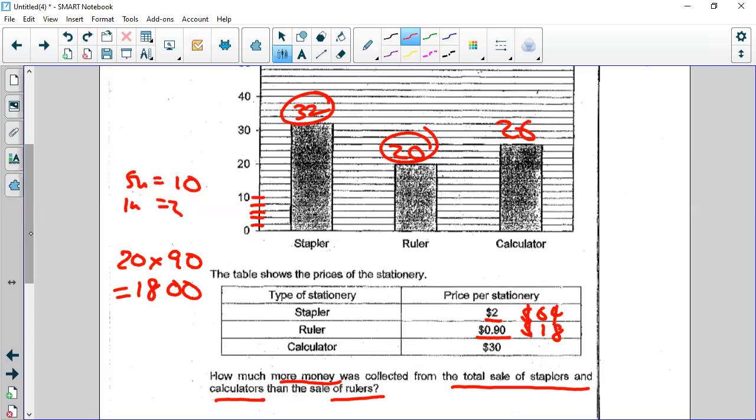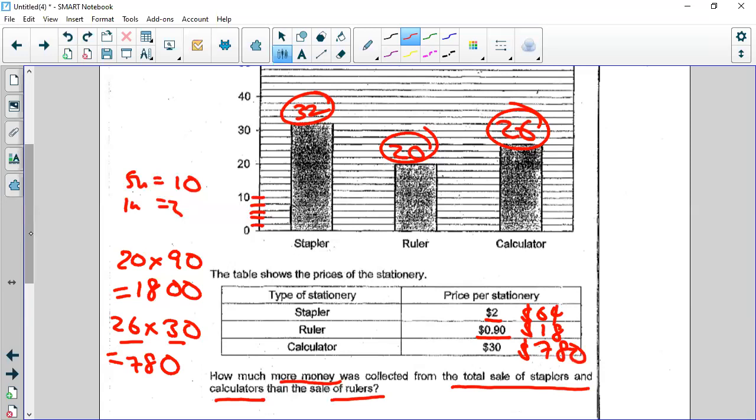Okay, then calculators will be 26 calculators times $30. So again, shortcut, 26 times 30, cover the 0, 26 times 3 will be 78, and then put the 0 behind, shortcut. And then you have $780. Okay, all right. So how much more was collected from the staplers and calculators?